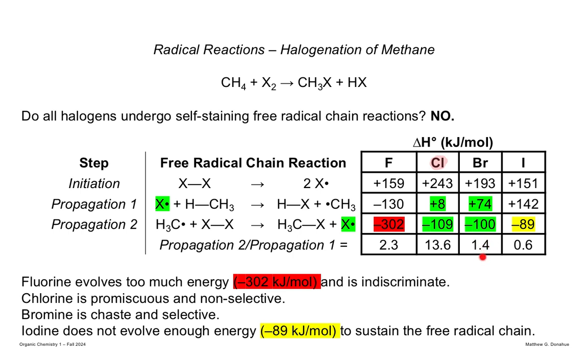Bromine is more selective. So it's really going to follow that order of tertiary, secondary, primary. And we'll prove that over the next couple of slides, where we're going to look at the differences between those types of hydrogen.